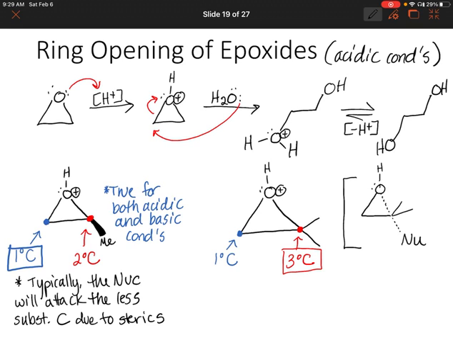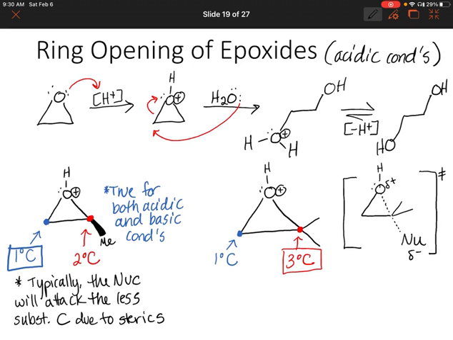So the oxygen is now partially positively charged because its bond with the tertiary carbon is breaking. And the nucleophile is partially negatively charged. And let me finish off these brackets here with a transition symbol.